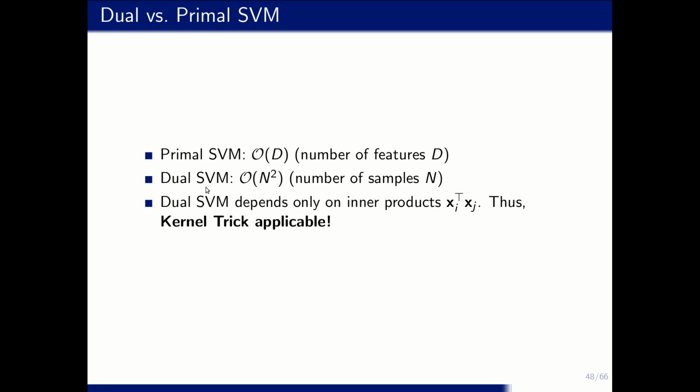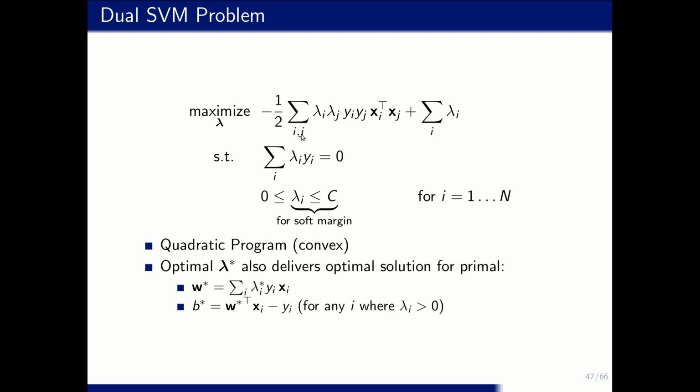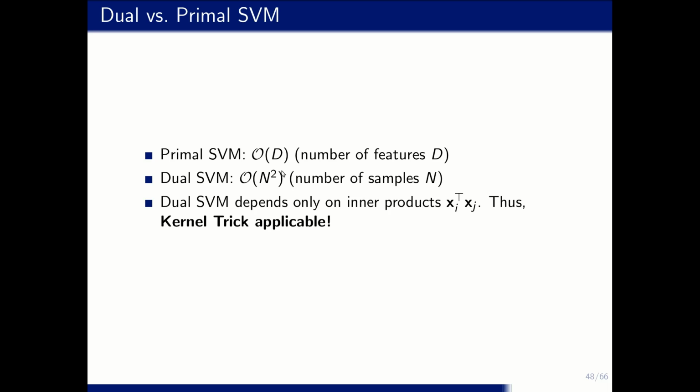In the dual SVM, we have this double sum over i and j, so we run over all pairs of training examples, and therefore the size of the dual SVM problem is already n squared, where n is the number of samples. Now if the number of features is huge but the number of samples is small, the dual SVM can be expected to be cheaper. And vice versa, if you have a really large number of samples, then the primal might be more beneficial.